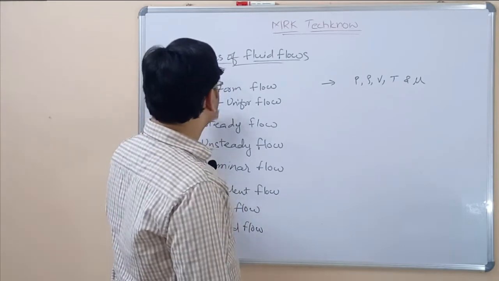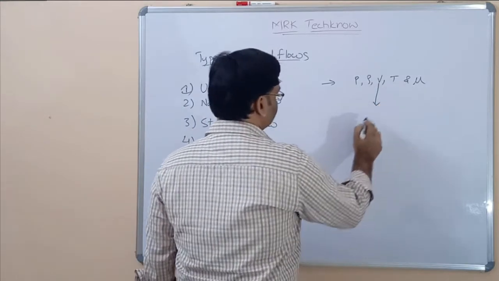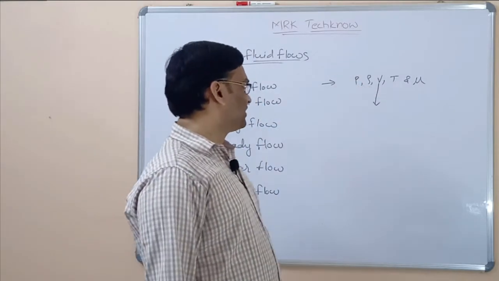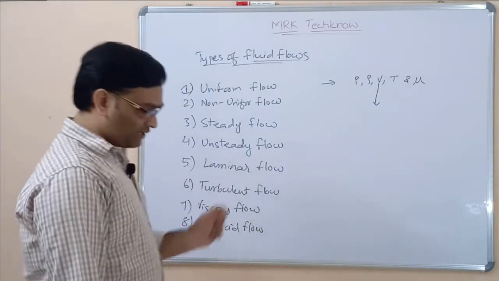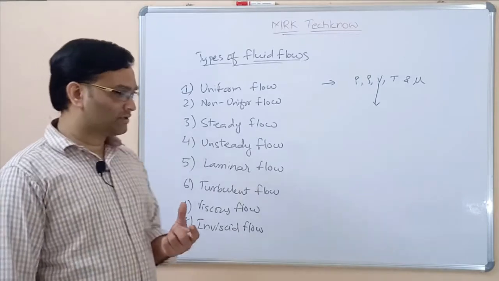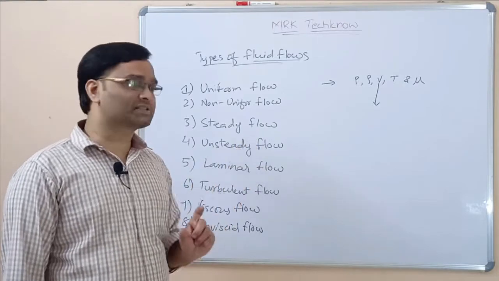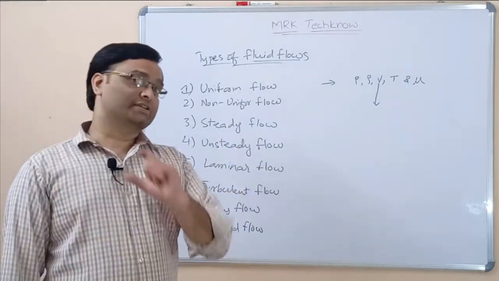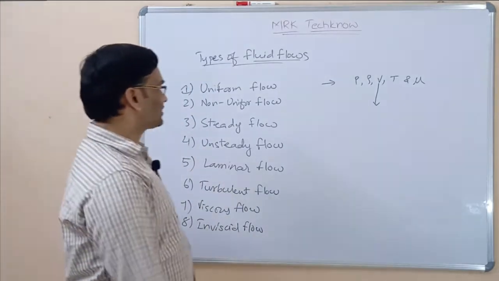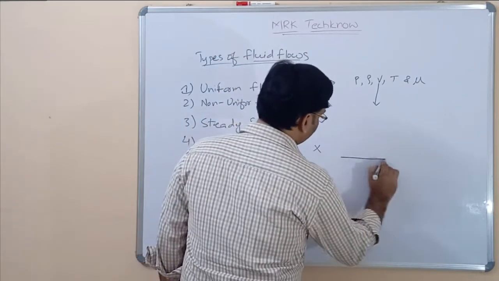Now if you take the uniform flow, non-uniform flow category, here the mainly considered parameter is velocity. Velocity is indirectly dependent upon pressure, and pressure is indirectly dependent upon density. So if the velocity, or any other parameter like pressure, the major component of fluid flow properties, remains constant with respect to location, such a kind of flow is called uniform flow. With respect to location, for example, I am taking a flow which is passing from left to right in the x direction.